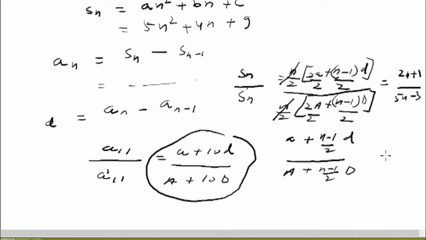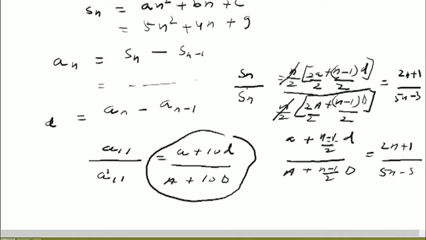Okay, now it is a little bit matching what we want. For (n minus 1) by 2, we want 10. If by putting some value of n we get 10 in place of (n minus 1) by 2, we will get what we want, that is a plus 10d by A plus 10D.